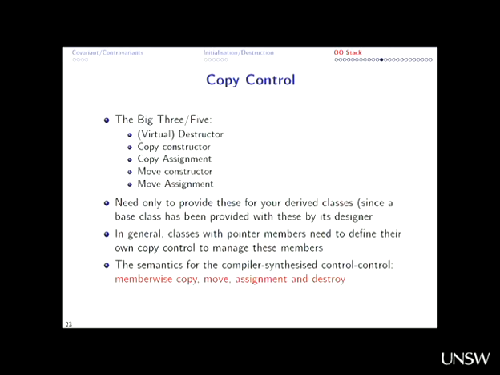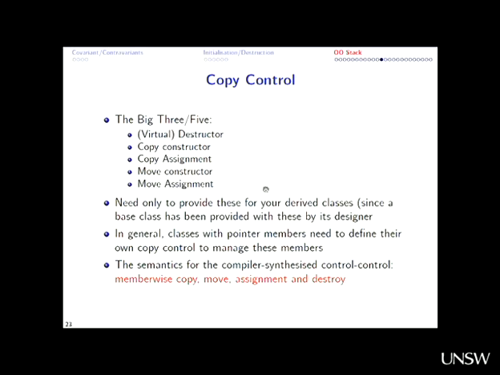Now, again, I've got 10 minutes. I'm going fast this lecture, but we're going to attempt to make it. Thinking about the copy control, thinking about the big five: destructor, copy constructor, assignment, move constructor, move assignment. Those constructors are not virtual. The destructor basically has to be virtual. You only need to provide these for your derived classes.